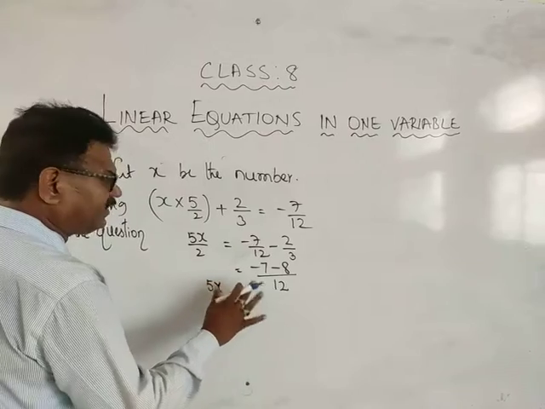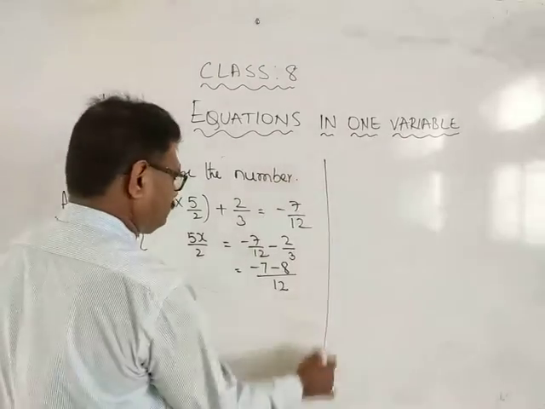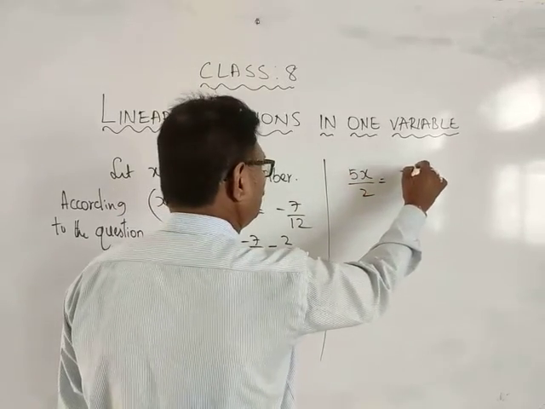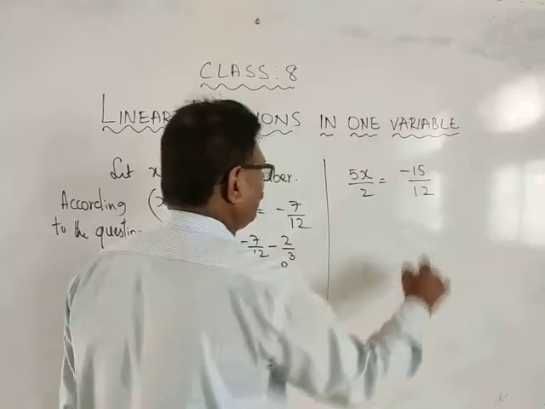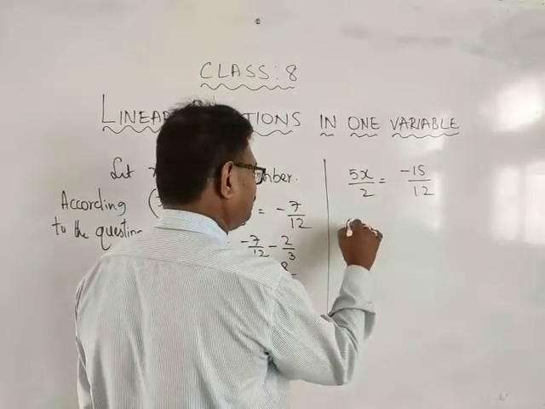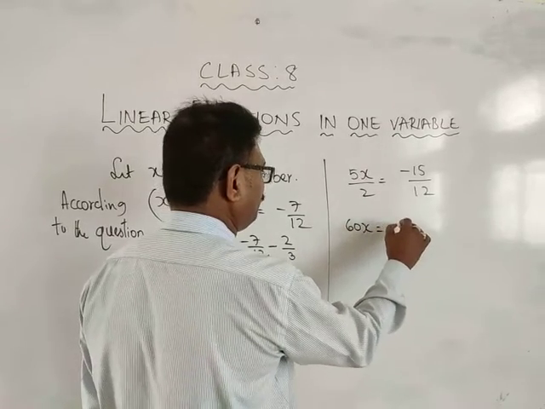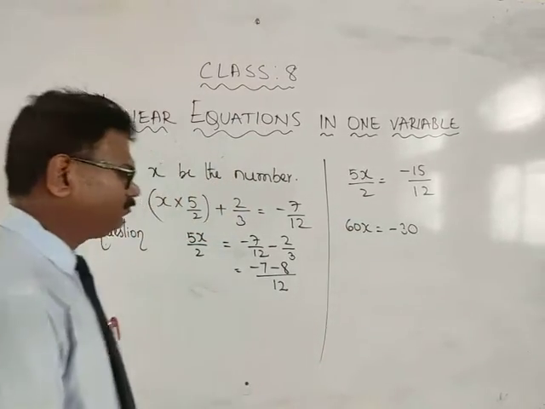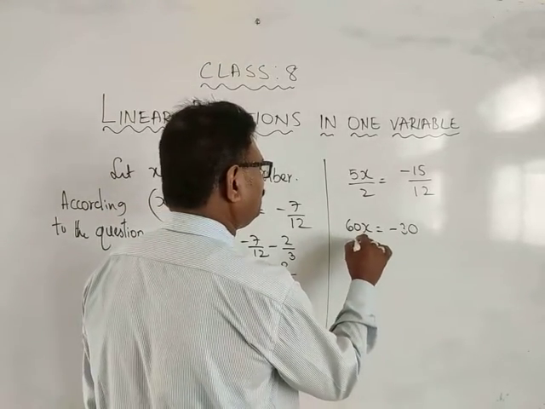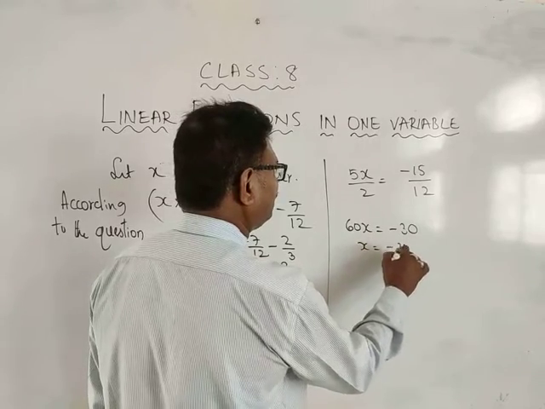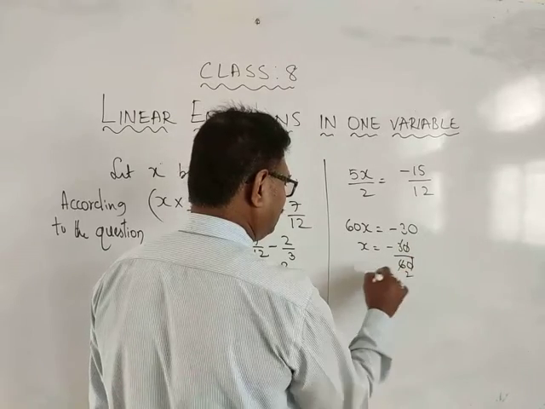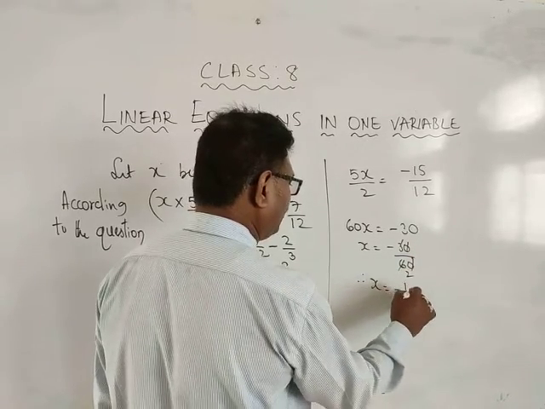Therefore 5x by 2 equals minus 15 by 12. Just cross multiplication: 12 times 5 is 60, x equals minus 30. Okay? Now very simple. x equals minus 30 divided by 60. Zero, zero cancel. Therefore x equals minus half.